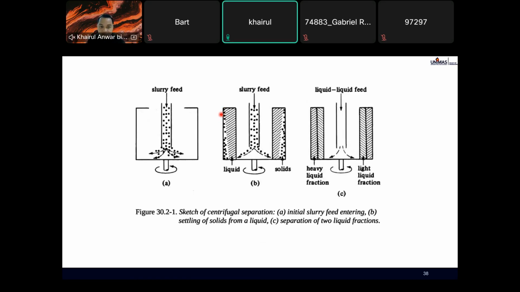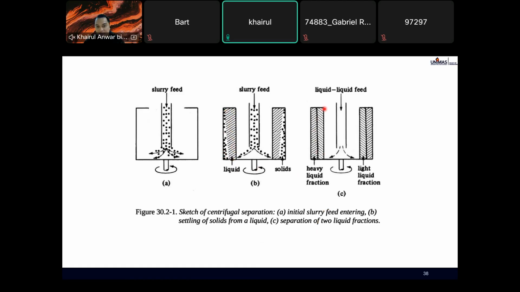Sketch of the centrifugal separation. So the fluid is moving, normally circular. Then the solid, because the wall is moving, will tend to be at the end of the wall, stick to the wall, but the liquid is here.